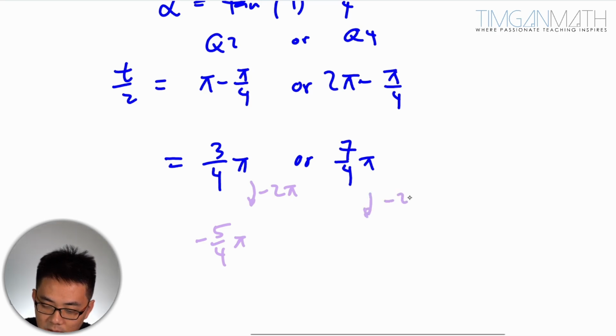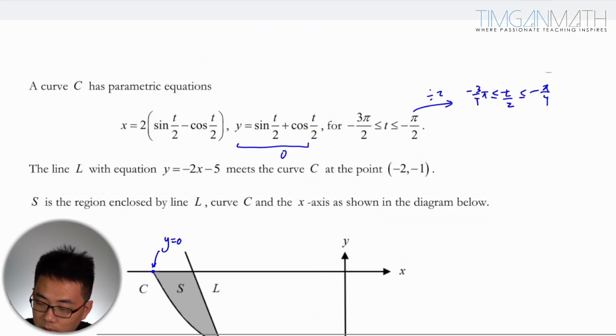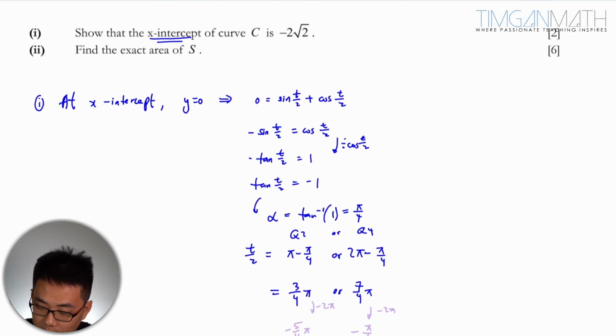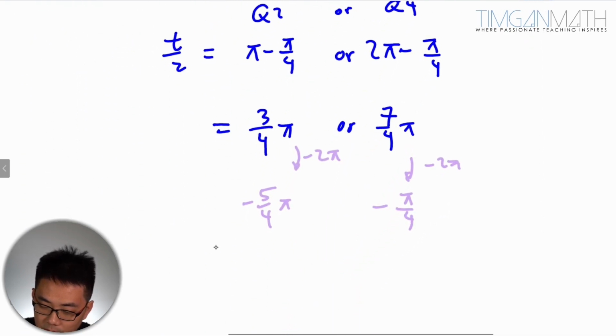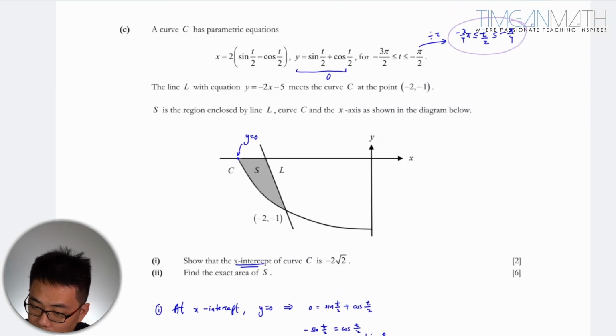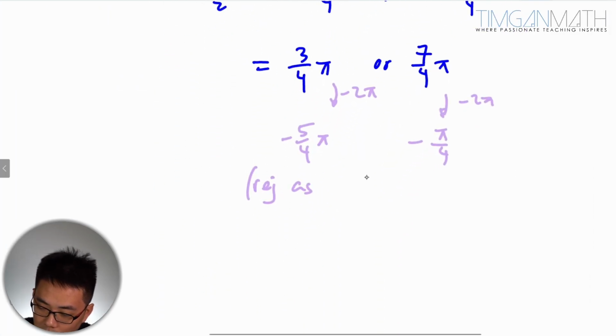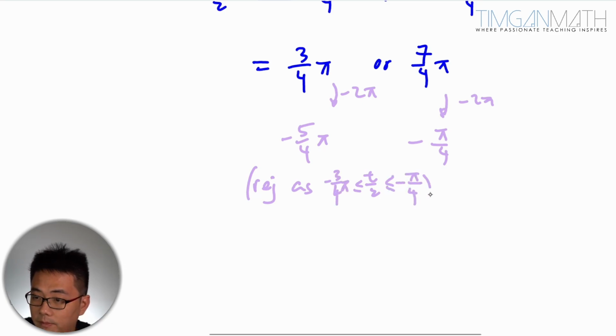For the other, same thing, minus 2 pi, just to check, that will be negative pi over 4. So minus 5 over 4 pi is obviously not within this range here. Okay, reject, as t over 2 is between minus 3 over 4 pi and pi over 4.